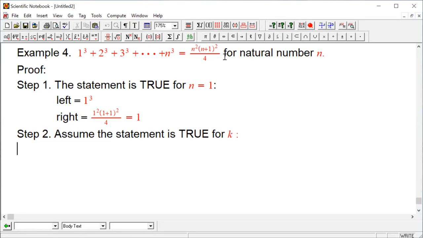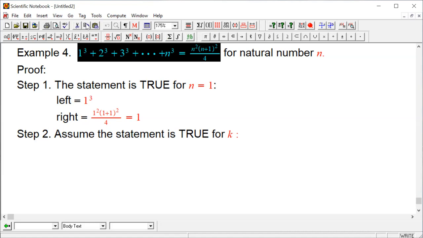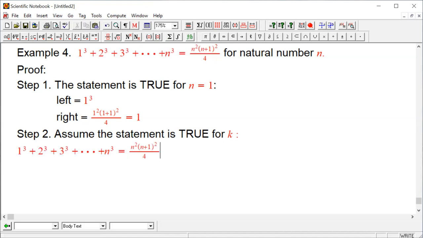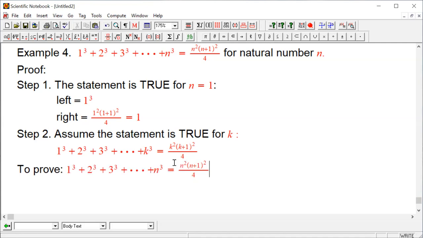What does that mean? It means that these statements are going to be true for k, so n is replaced by k. And then what we need to do is to prove the statement is true for k plus 1.